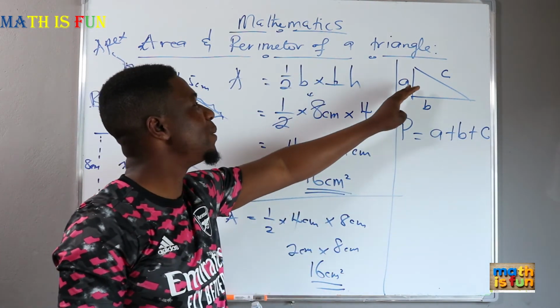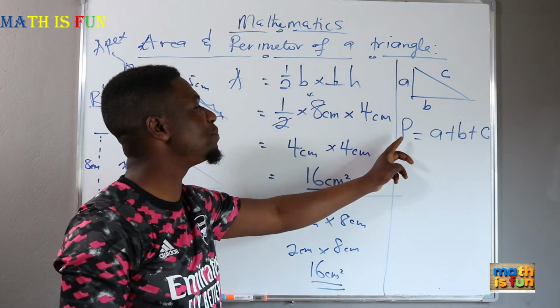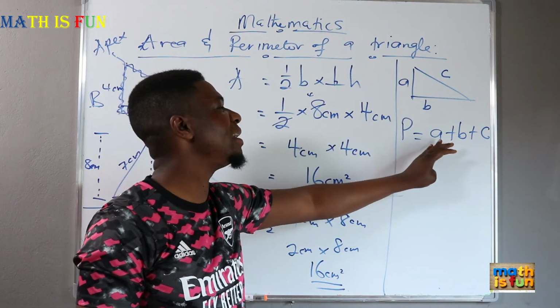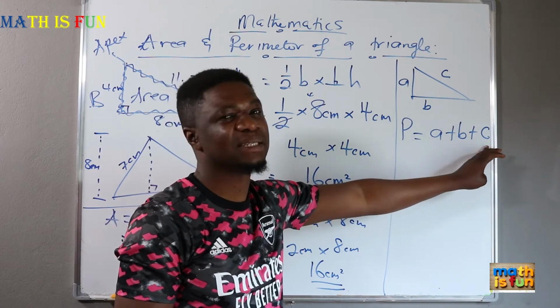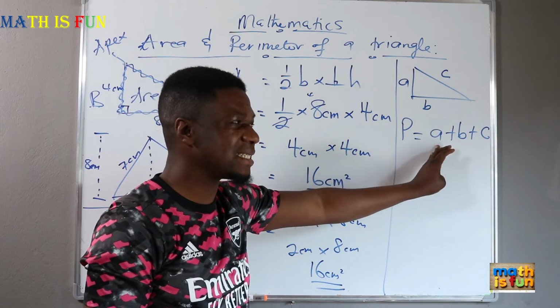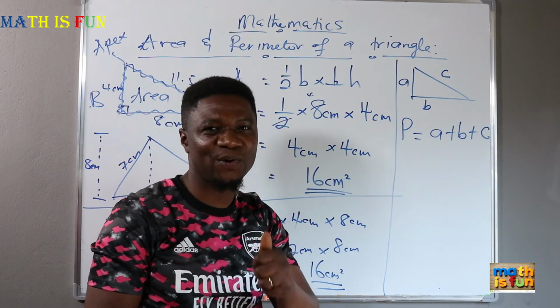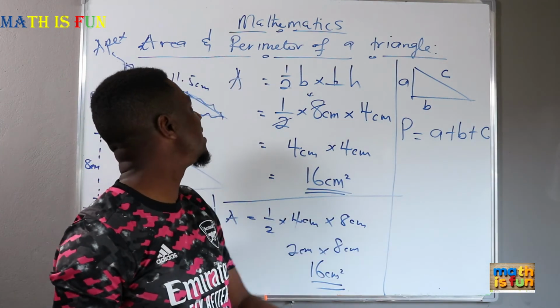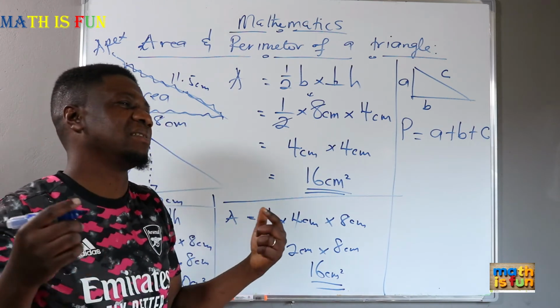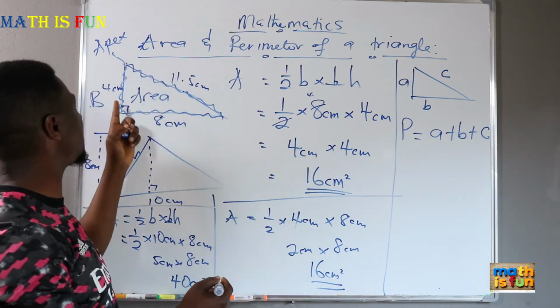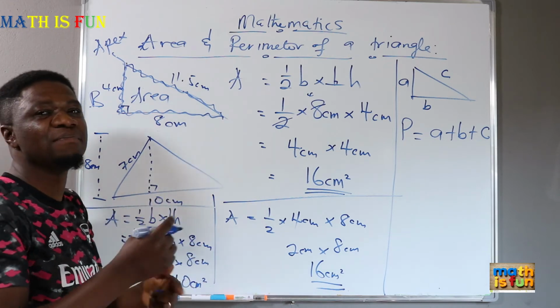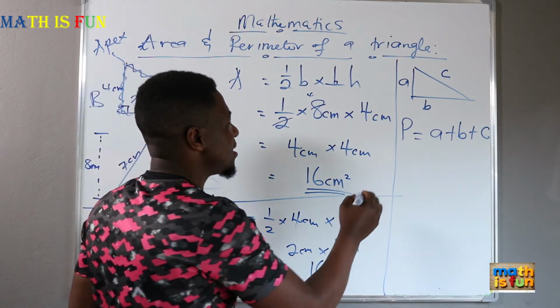Because we are dealing with the perimeter of a triangle, the perimeter is given by A plus B plus C. That is side plus side plus side. So note that. Once I'm given this, then I will come to the main question. All of them happen to be in centimeters, so it makes things easier for us.